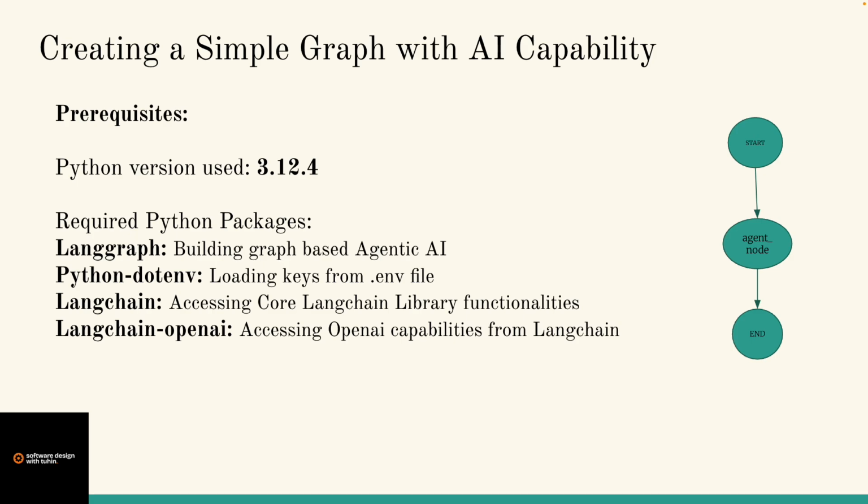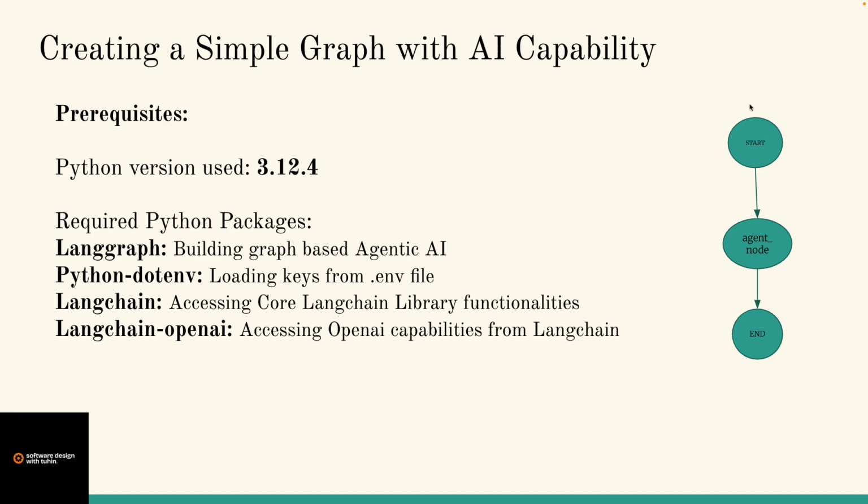We'll be storing the OpenAI API key in the .env file. Then LangChain will be used for accessing core LangChain library functionalities. As you know, LangGraph is based on LangChain, so a few LangChain functionalities will be required. LangChain OpenAI is used for accessing OpenAI capabilities from LangChain.